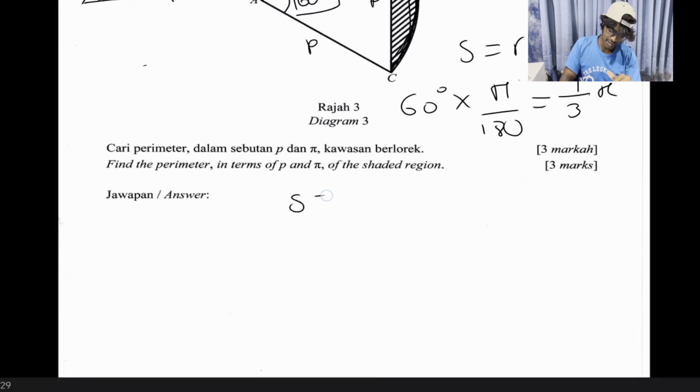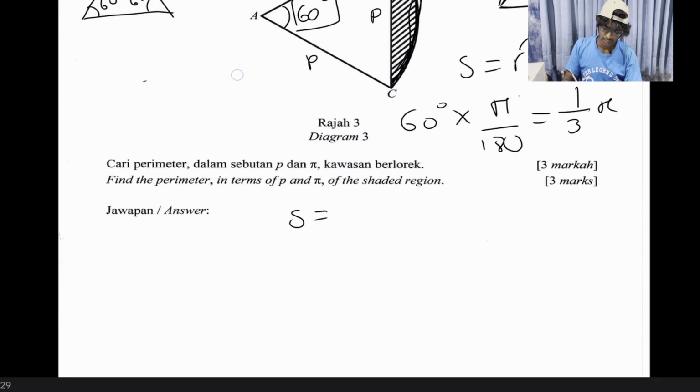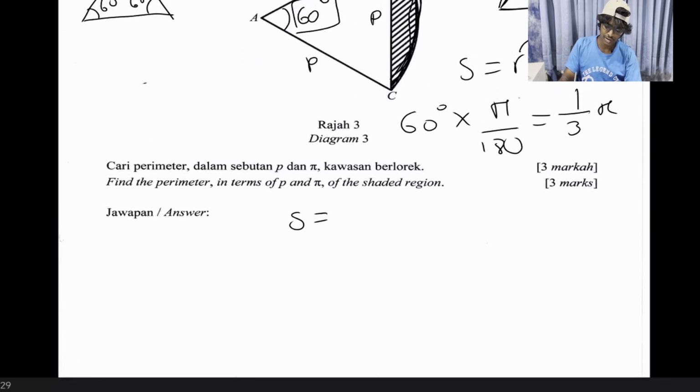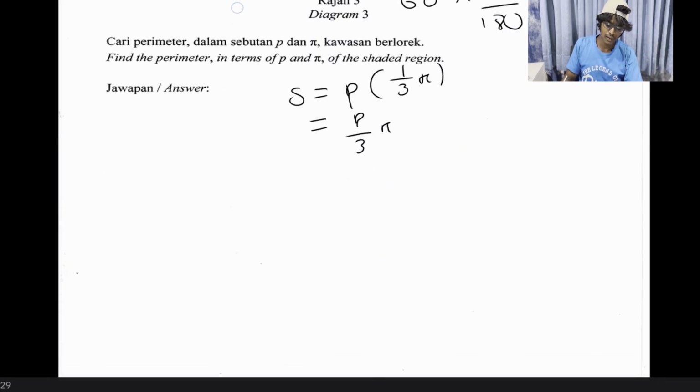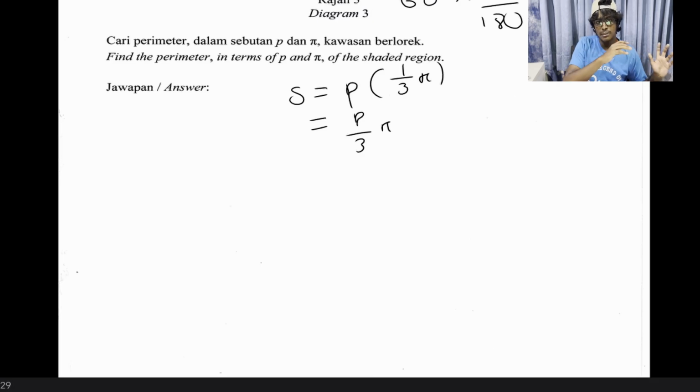Now to find the arc, you multiply by your radius. Now we can substitute it back. For your radius it will be p, and for your radian it will be 1 over 3 pi, meaning your arc's value will be p over 3 pi. Now we can go to the perimeter.